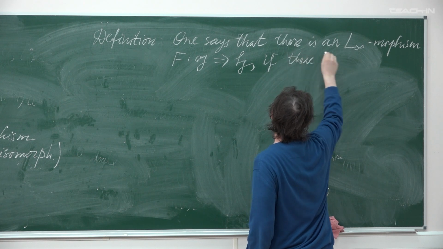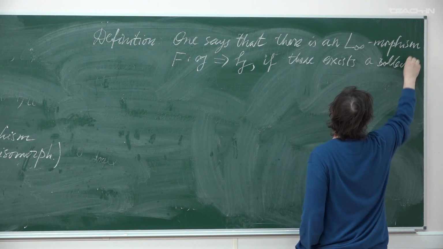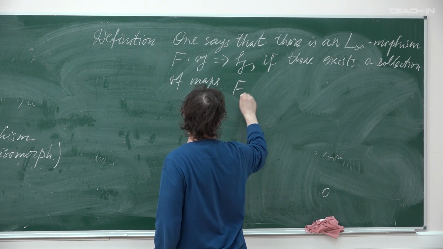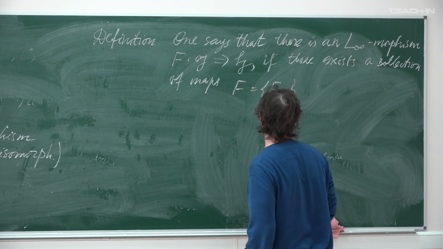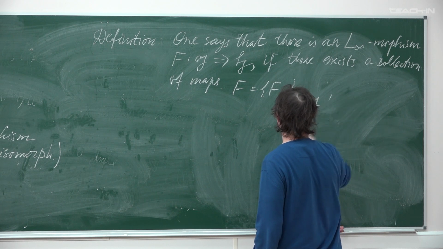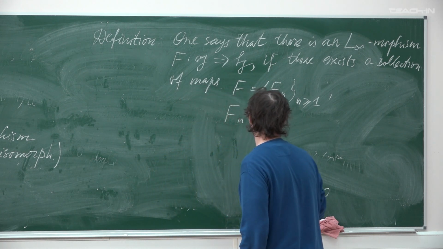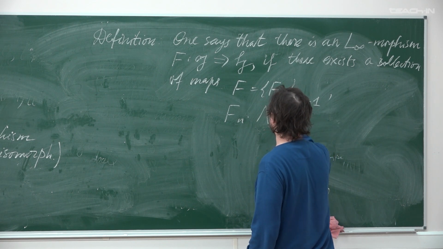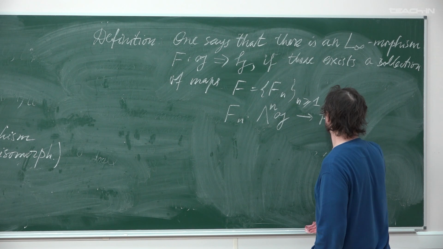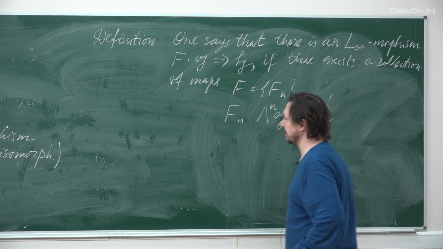Namely, F is the sequence, maybe infinite sequence, of maps Fn for all n greater or equal to 1, such that Fn is in fact a map from the nth exterior power of G into H. You should be very careful here, because what does it mean to take an exterior power of G?